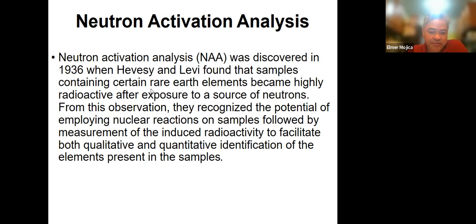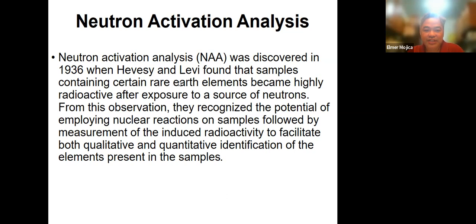So this was discovered in 1939, okay, when Hevesy and Levi found that samples containing rare earth elements became highly radioactive after exposure. So as you could say, Hevesy again. I think he did nothing but look at these radioactive-based methods.